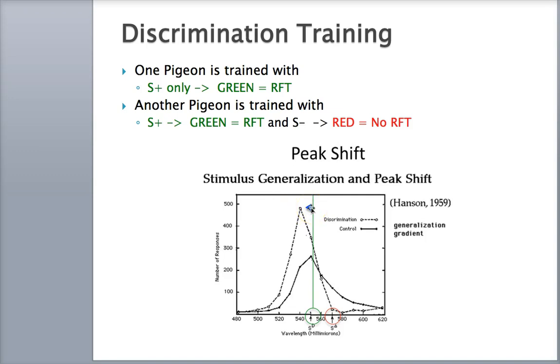It shifted away from the S plus in the direction opposite the S minus. And so it looks kind of like they're overcompensating. It's kind of like they're looking at these different colors, and anything that comes up close to the S plus, and especially anything on the other side, gets suppressed, leaving the peak over here. It looks kind of like they're trying to avoid anything on that side of the color spectrum.